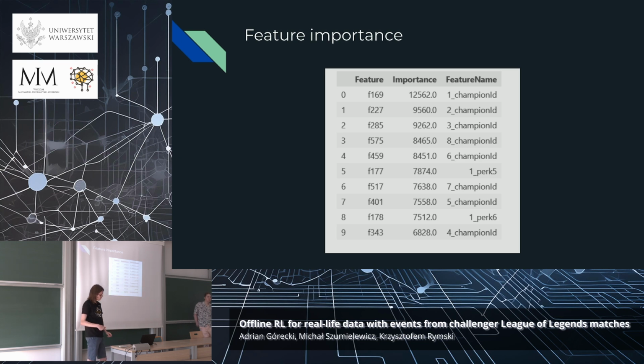So we then tested our feature importance on our XGBoost model. So what things XGBoost took into account when determining the winning team. And we can see that it was mostly the champions they selected or perks, which is the internal name for runes.